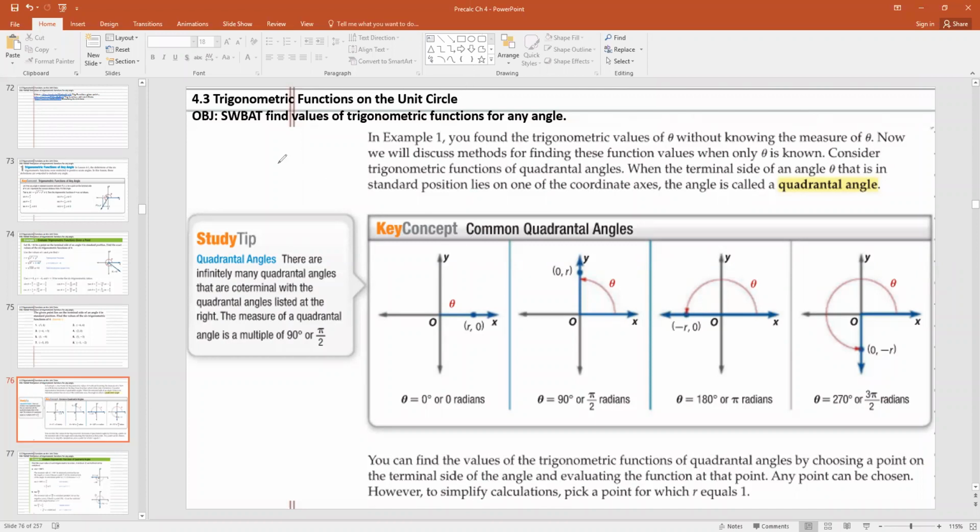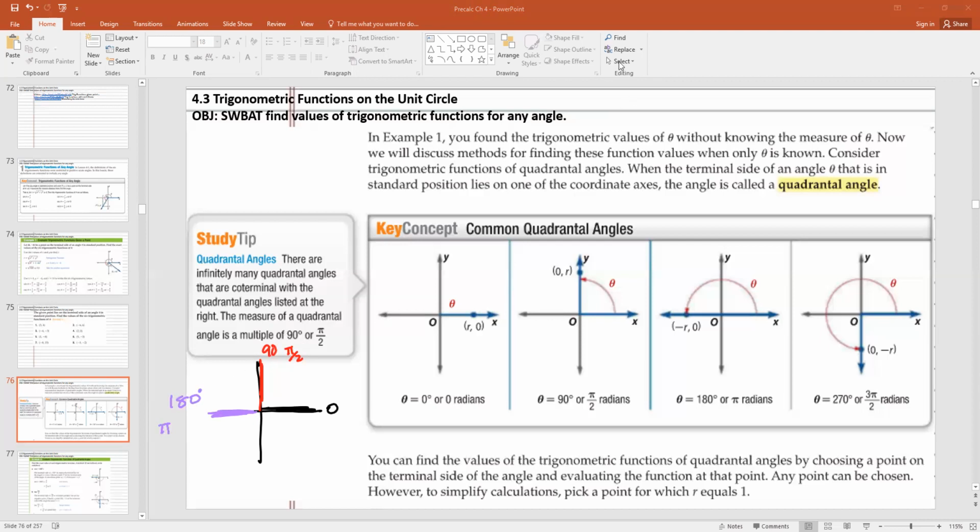So we have those 4 sections, right? In a graph. Okay, this is 0 though. So the quadrantal angles are going to be here. That's 90, or pi over 2. This one over here is 180, or pi.